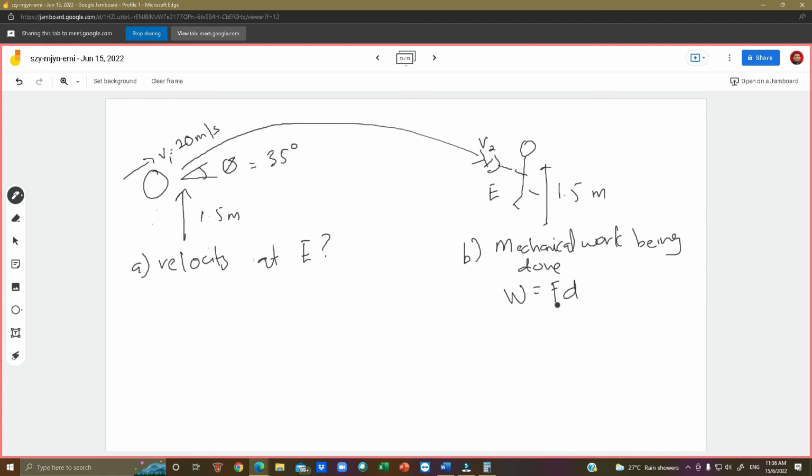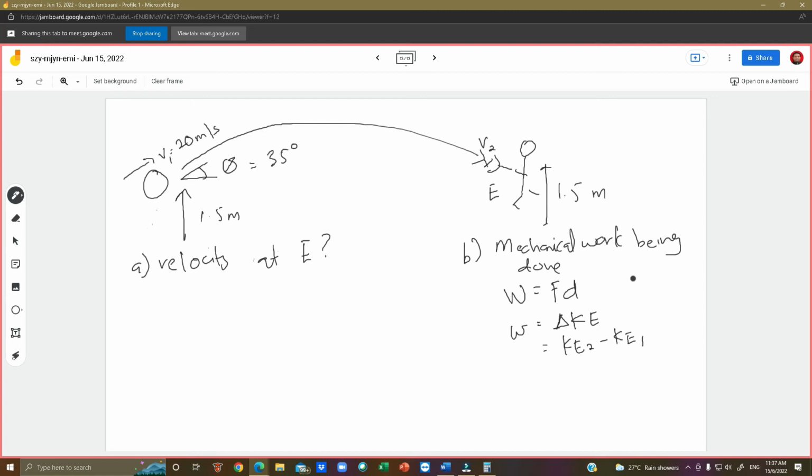So beside mechanical work being measured like this, we can also measure work by measuring the change of kinetic energy. Ni salah satu formula lain dia. Okay, means work is also equals to kinetic energy final minus kinetic energy initial. Okay, work is also like that.